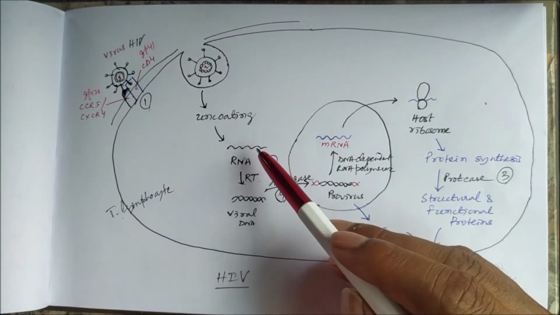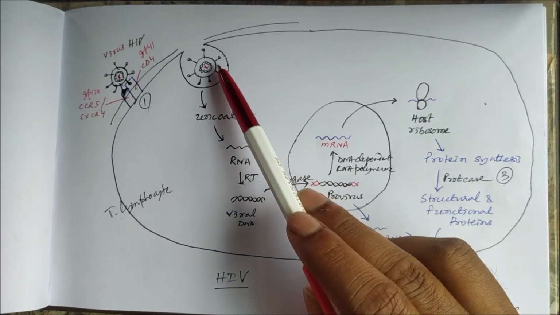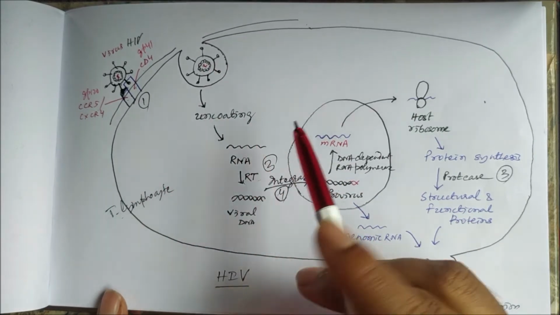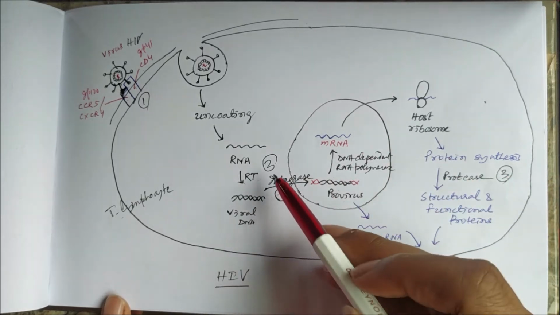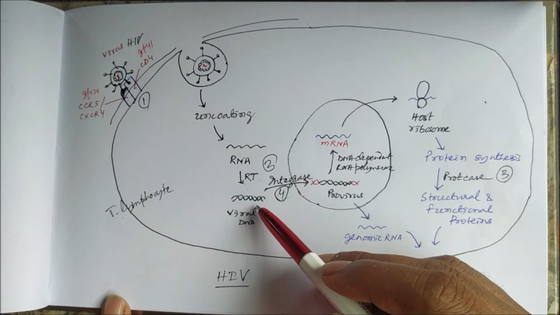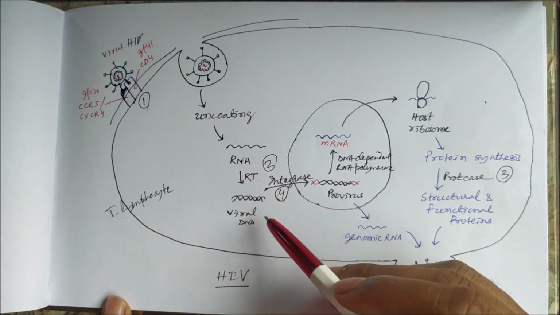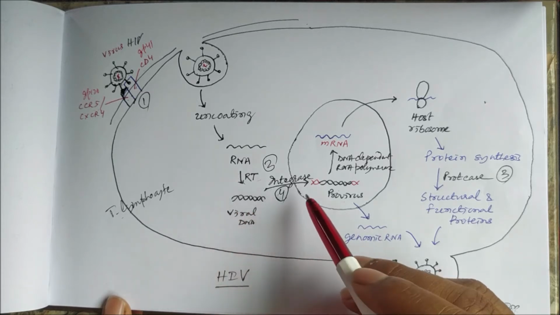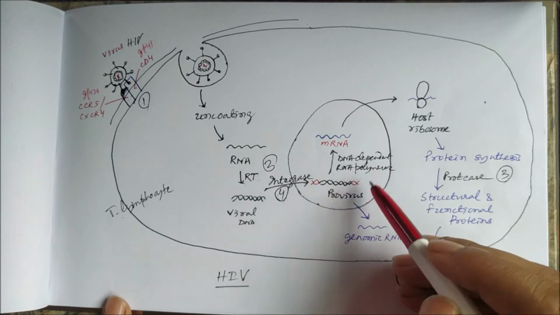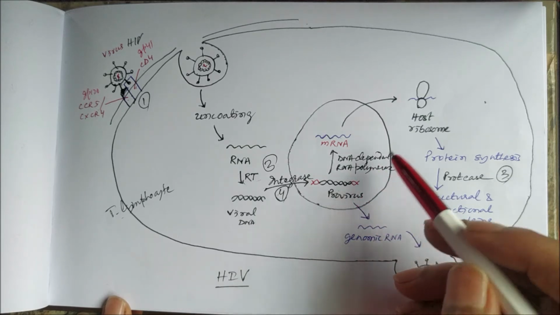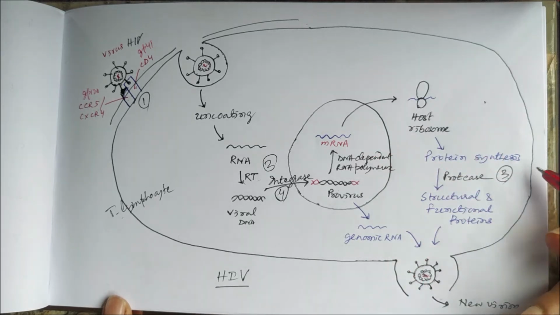After entering, there will be uncoating, and it will release its RNA because it is an RNA virus, and it will also release reverse transcriptase, integrase and protease. The RNA is converted to viral DNA by reverse transcriptase. The process is reverse transcription. Then this viral DNA will integrate with the host cell DNA to form the provirus, and this provirus will undergo transcription to produce messenger RNA and genomic RNA.